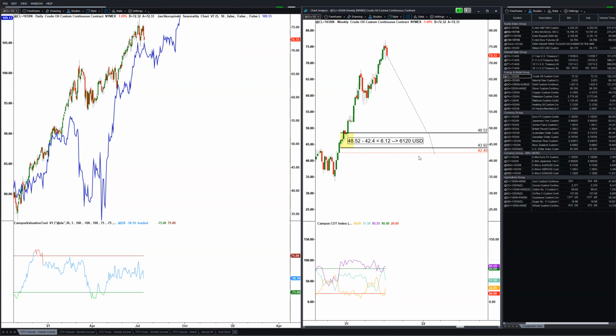If your personal risk is $200, well, guess what? You're not allowed to trade this weekly zone, right? Then you have to go most probably to micros and see if you can trade this weekly zone. But let's assume your risk profile is 10,000 US dollars, right? So how many contracts can you trade?